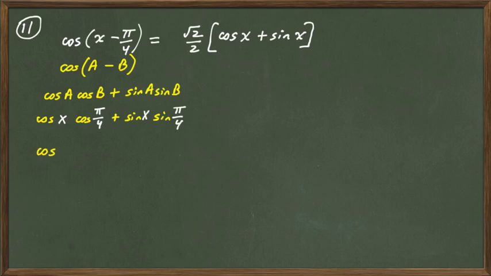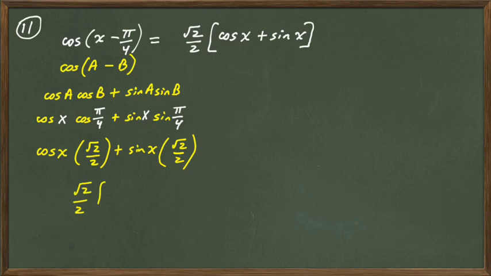So you get cosine of X times the cosine of pi over 4, which is the same as the sine of pi over 4. They're both radical 2 over 2. If you factor the radical 2 over 2 out, what remains is cosine of X plus sine of X, which hopefully matches what we need it to match.